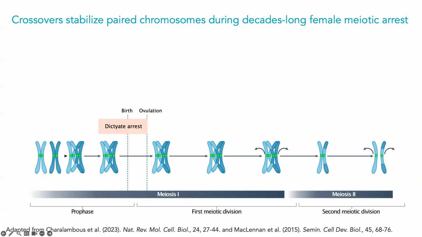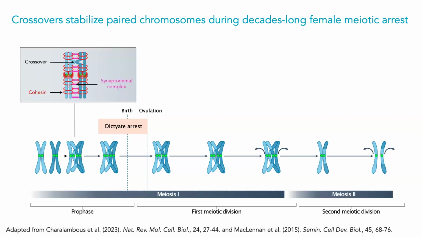But then it arrests in that conformation for decades until puberty and ovulation. So those physical linkages formed by the crossovers, as well as cohesin complexes, which are loaded onto the sister chromatids, are important for stabilizing the paired chromosomes during that decades-long process of meiotic arrest in females.